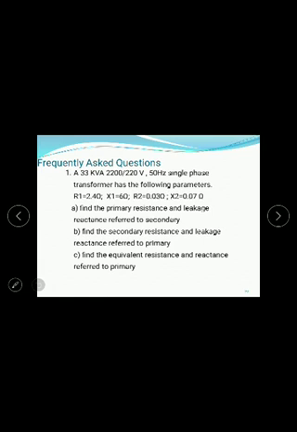These are the frequently asked questions. R1, R2, X1, X2 and the transformer ratio are given, and you convert and refer to the primary side and then refer to the secondary side. Equivalent resistance of primary referred to the secondary side.